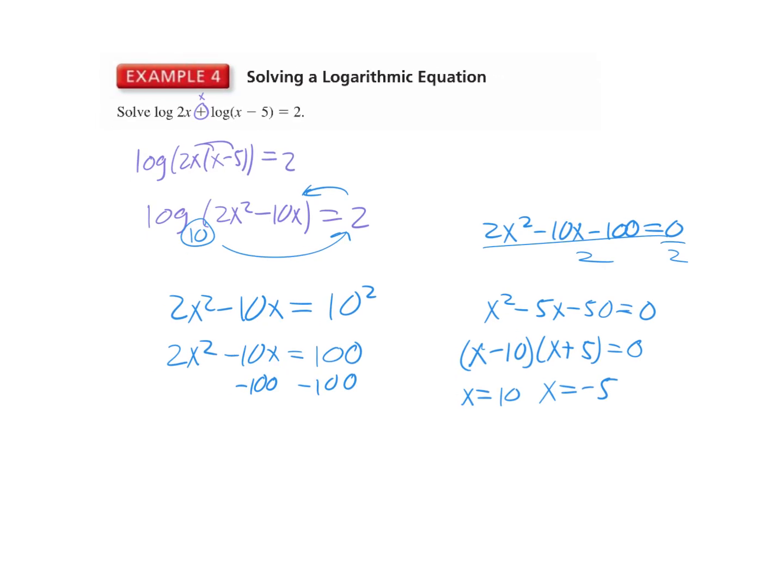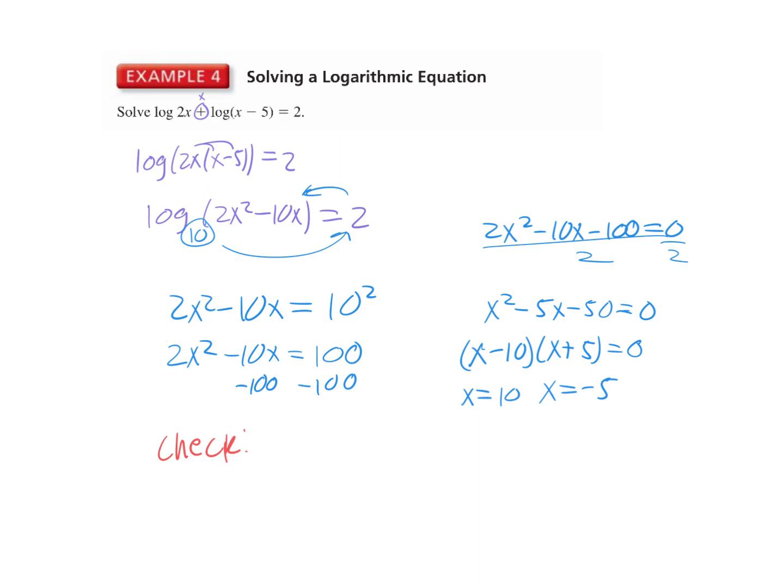We actually need to check our answers, because if we recall, and we didn't cover it in so much depth, you can't have a negative inside of your log. If you try to type in log of something negative in your calculator, you're going to get no solution, or you're going to see something that says undefined. You might see domain error. But regardless, you're not going to get an answer.